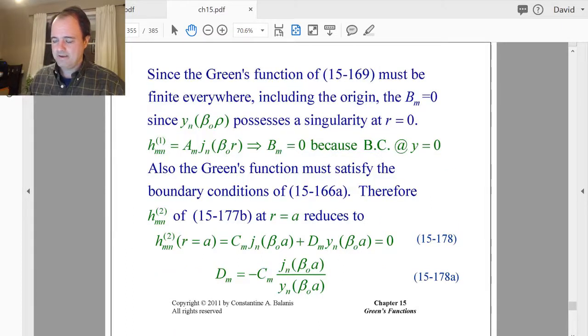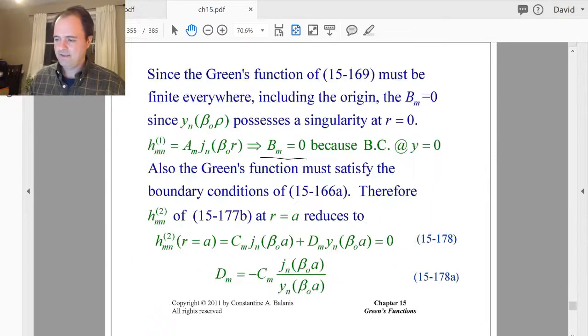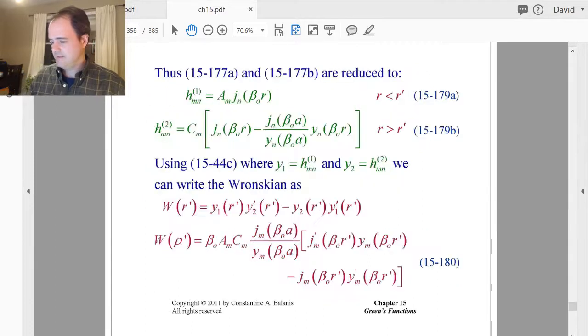All right. So same thing as with the cylinder. The solution for r less than r prime has to remain finite at r equal to 0. Therefore, this has to be 0. And so also we must satisfy the condition at r equal to a, that H2 is equal to 0, so that helps us eliminate D. And so these are our two solutions that satisfy the boundary conditions.